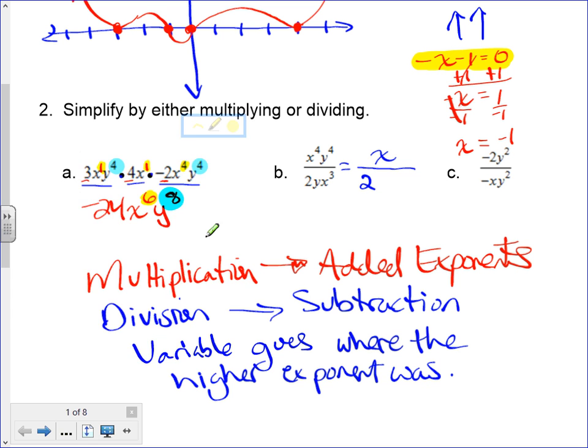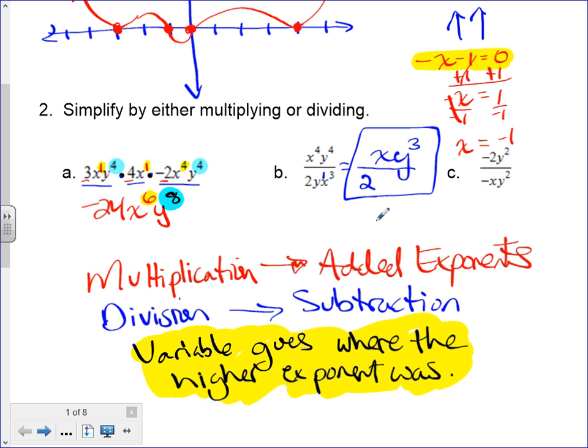And this is crucial key information right here. Very important. Okay, and now for the y. Y to the 4th and y to the 1st. So yep, 4 minus 1 is 3. Where does y to the 3rd go? It also goes in the numerator because that's where the highest exponent was.